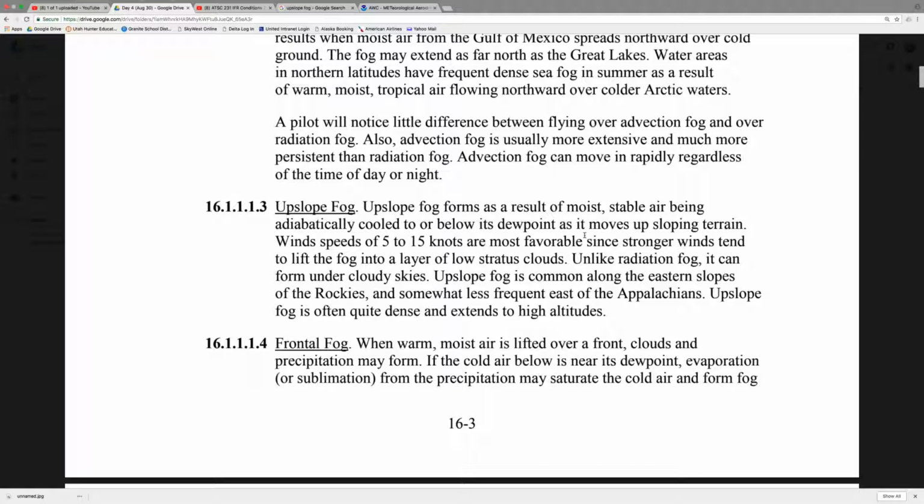Typically, we get a little more windy when we're in the mountains, right? So it doesn't take much for the upslope fog to all of a sudden disappear.